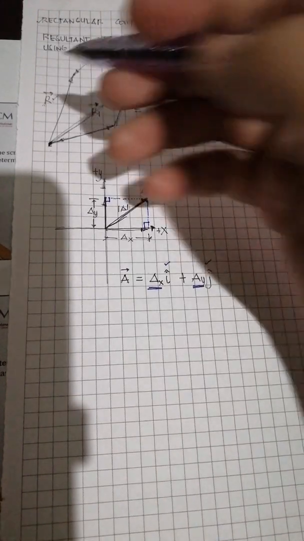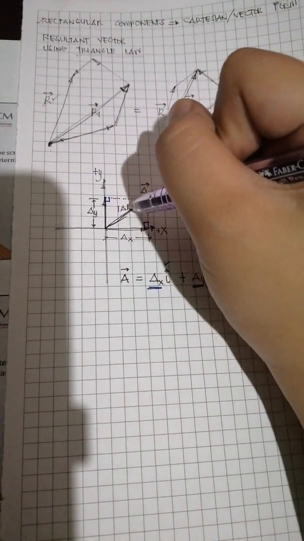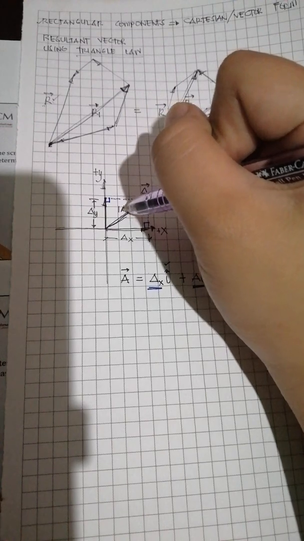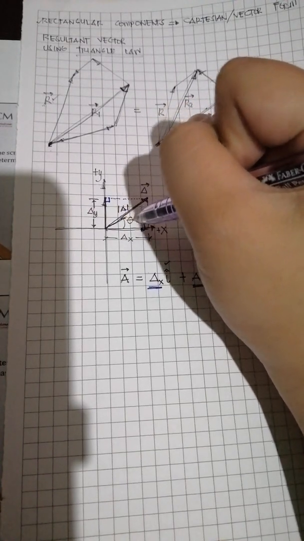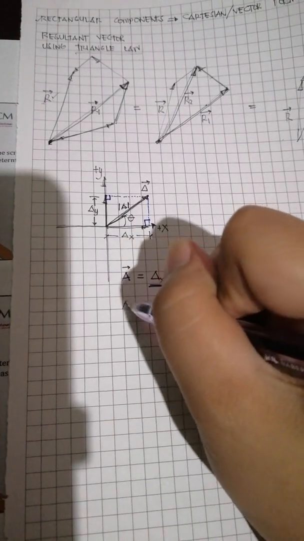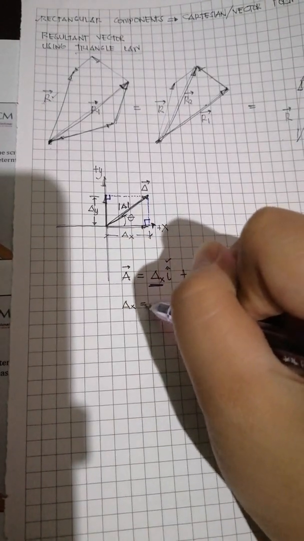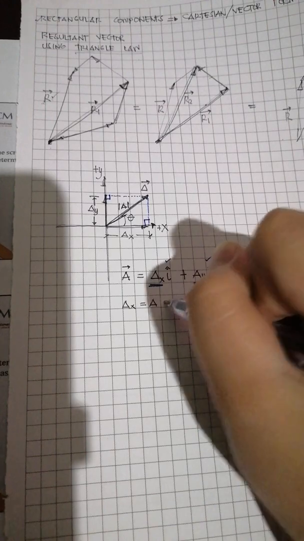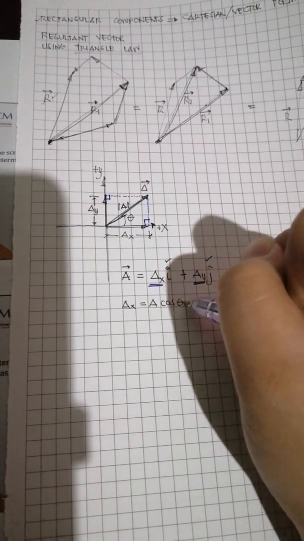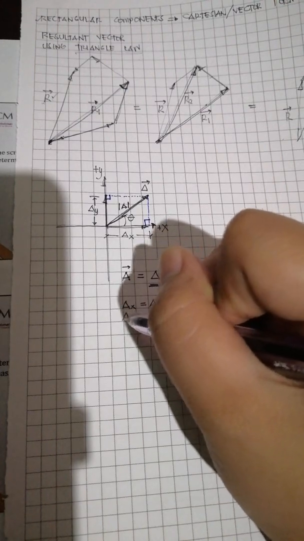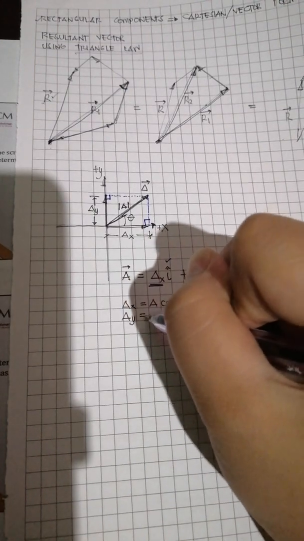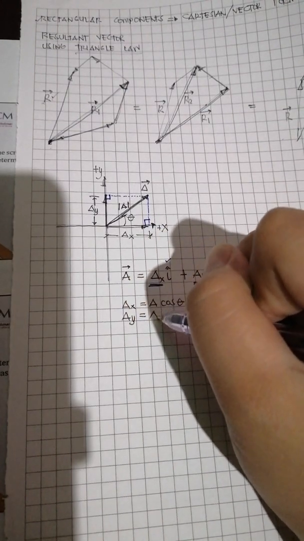So if a vector has a given magnitude and direction, usually from the x-axis, so therefore ax is equal to a cosine of theta by trigonometry or by SOHCAHTOA, and then you have ay, the y component, is equal to the magnitude of a.